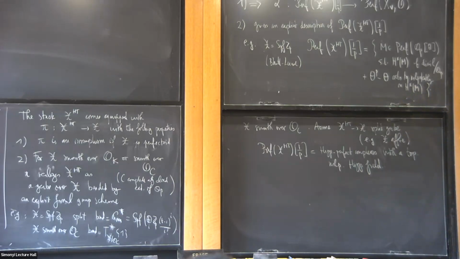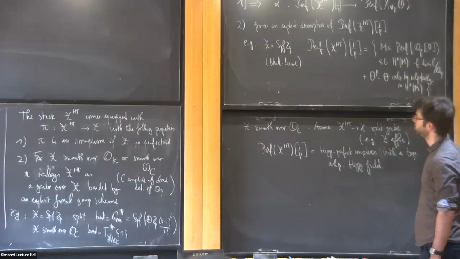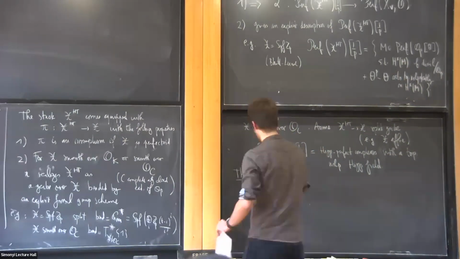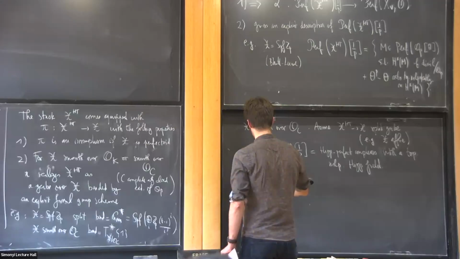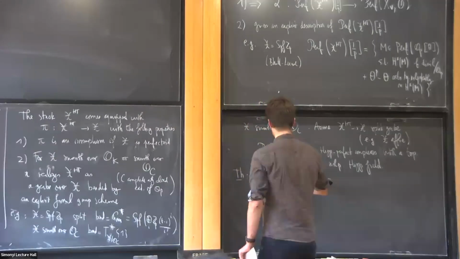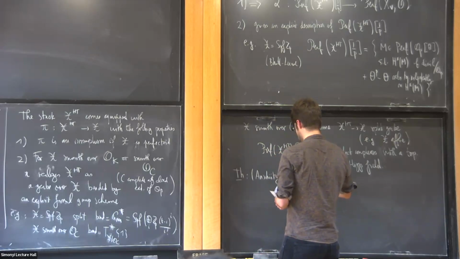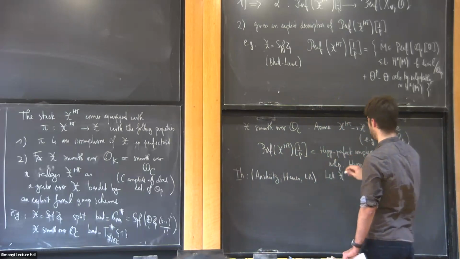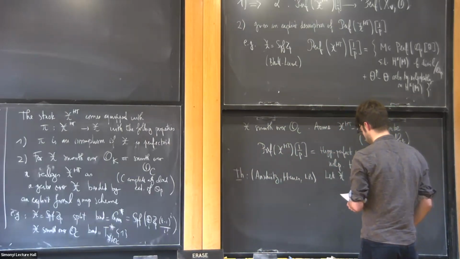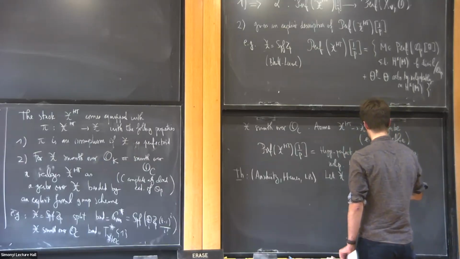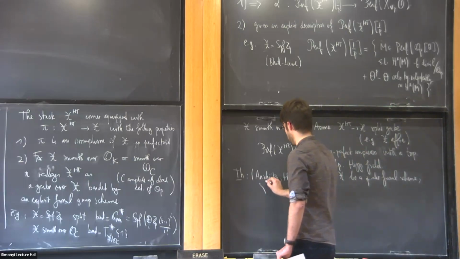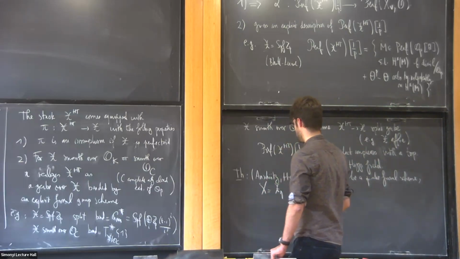All right. So now, to make this interesting, you need to know something about this pullback functor. So that was the main result we proved in joint work with Johannes Anschütz and Ben Heuer. We put ourselves in the same setting, so let X be a smooth p-adic formal scheme with generic fiber X straight.